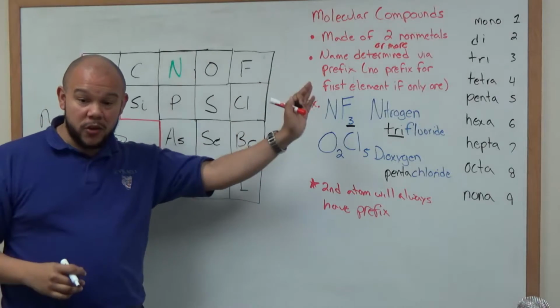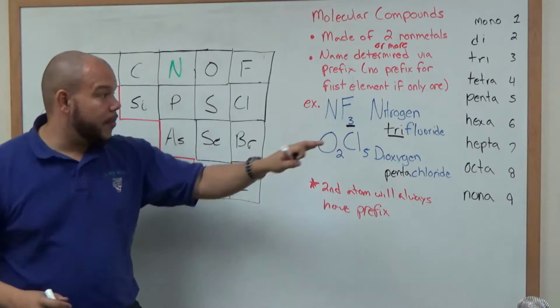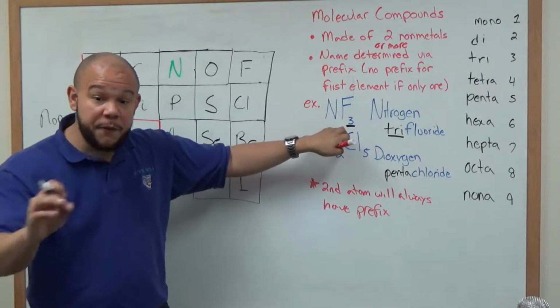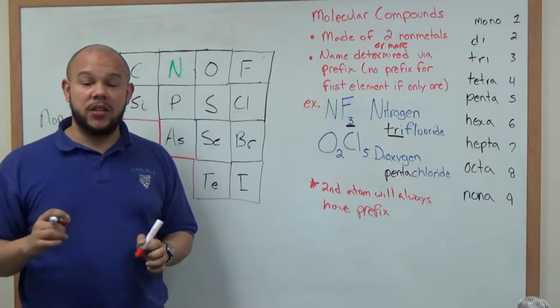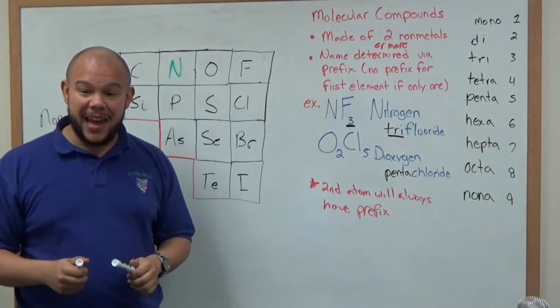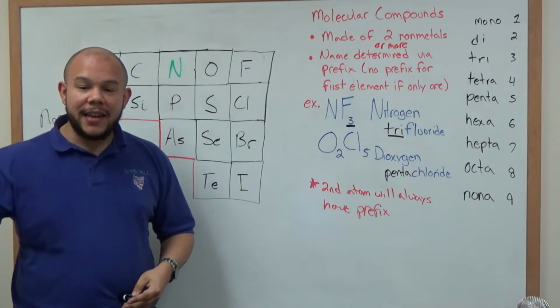First step, first element and its name. Second step, second element, prefix before you write anything about the element. And then the last thing to do is write the element's name, but you change the ending to IDE.